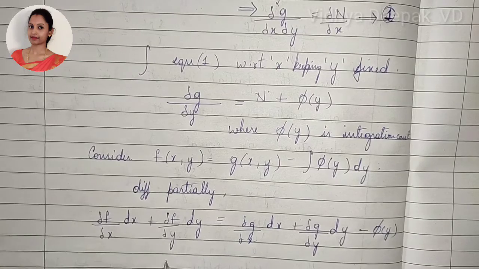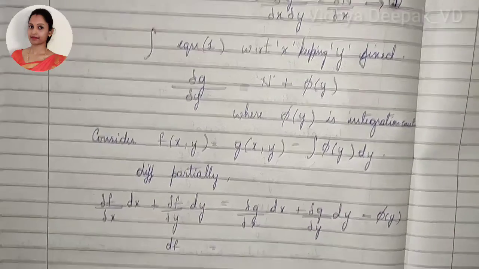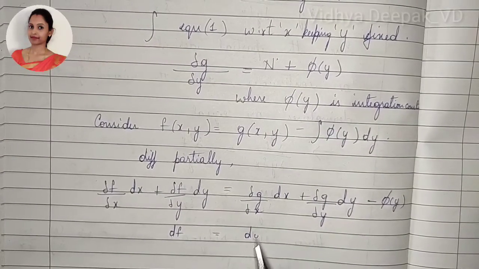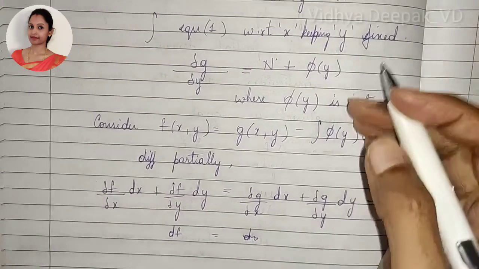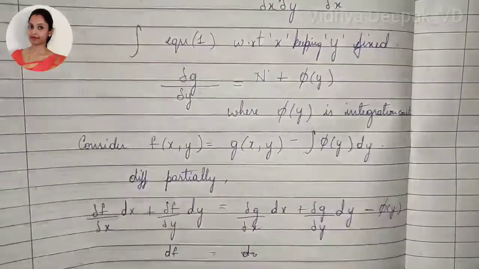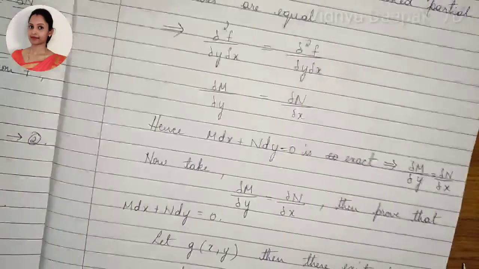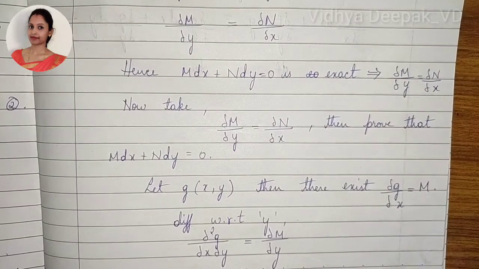So now this can be written as df. Instead of writing dou g by dou x, we had taken dou g by dou x to be m. I am replacing this.